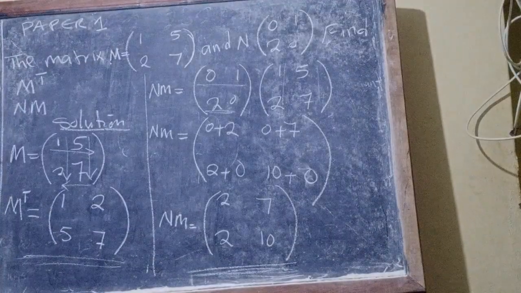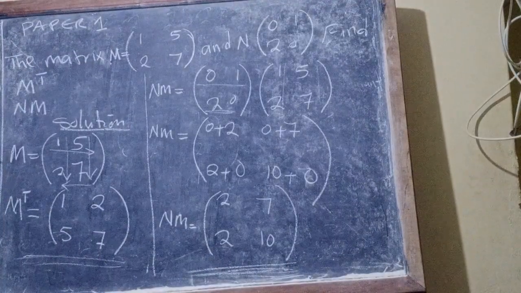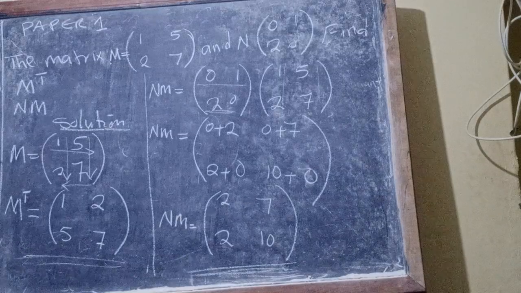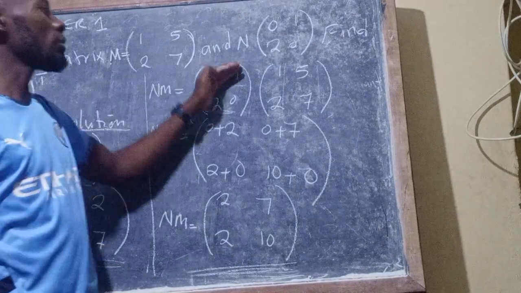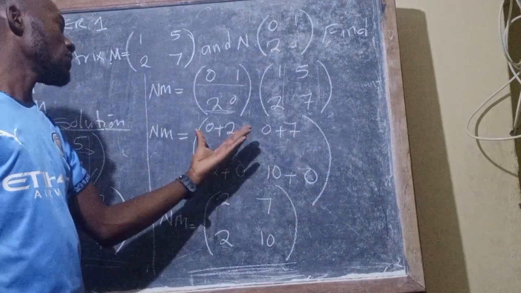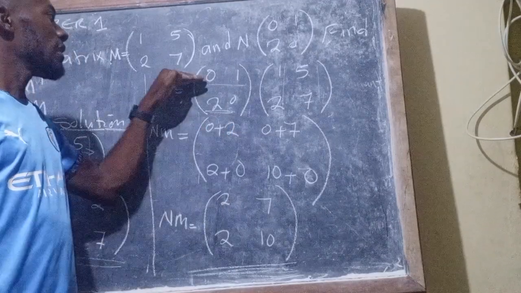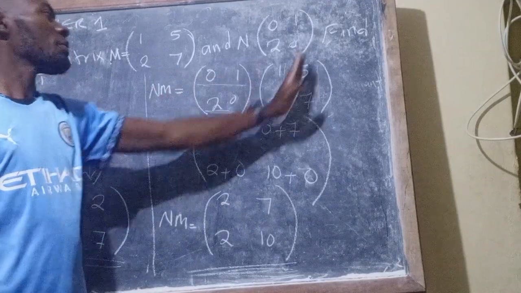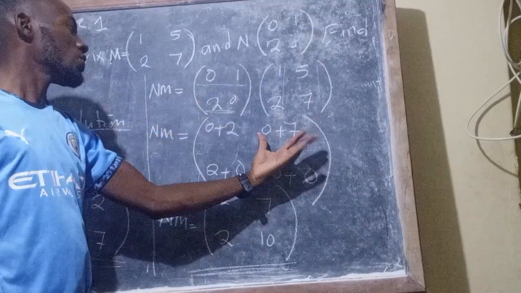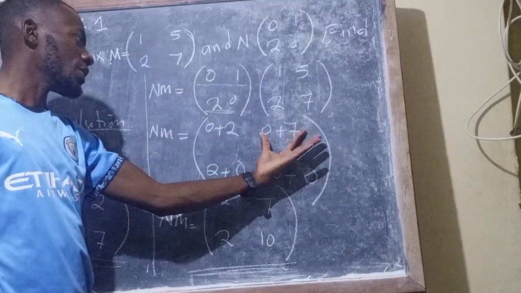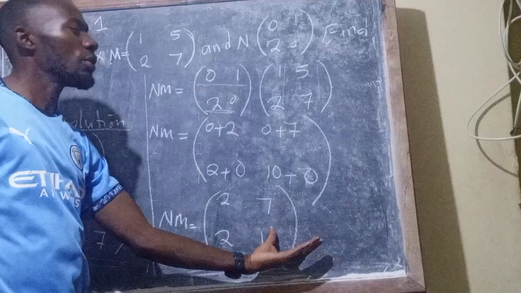So whenever you're multiplying, you consider row by column operation. The row must multiply the column, and you're going to have your first number there. Then again, the first row multiplied by the second column, you're going to have this number which will be in the first row but found in the second column.